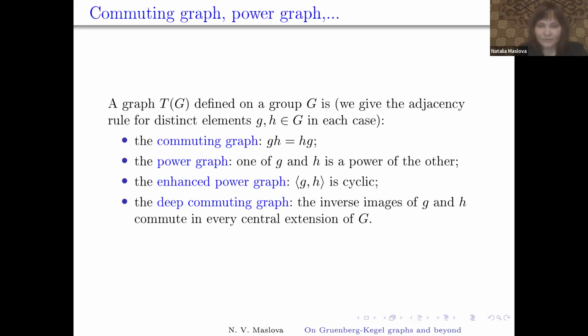Enhanced power graph, if the group generated by this pair of elements is cyclic. And deep commuting graph, if the inverse images of G and H commute in each central extension of this group. So there are some kinds of graphs defined on the set of elements of a group.